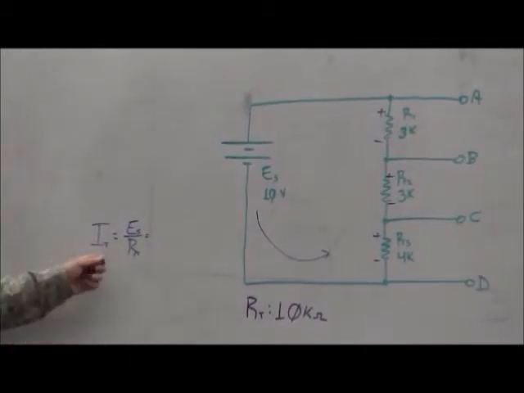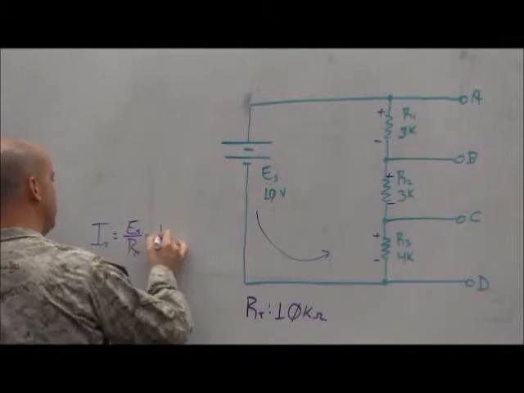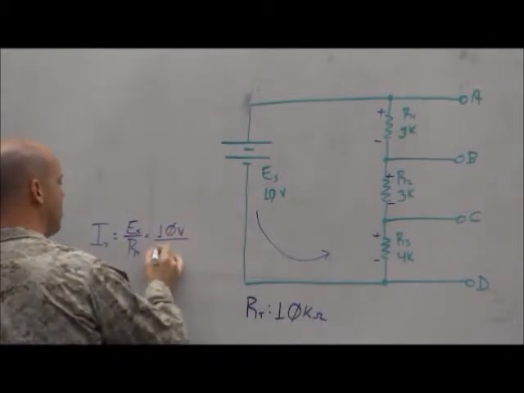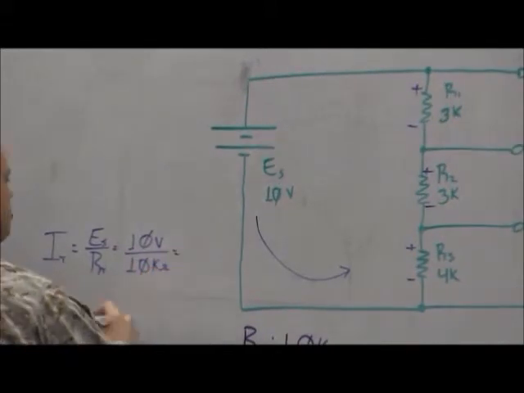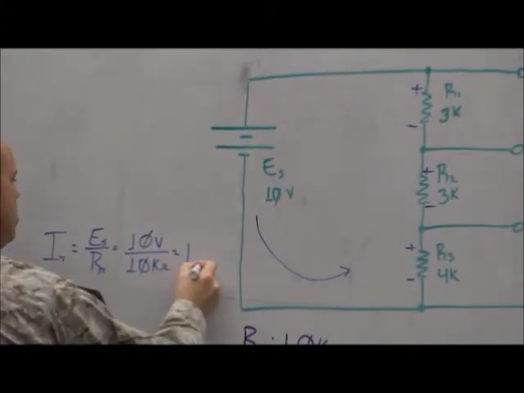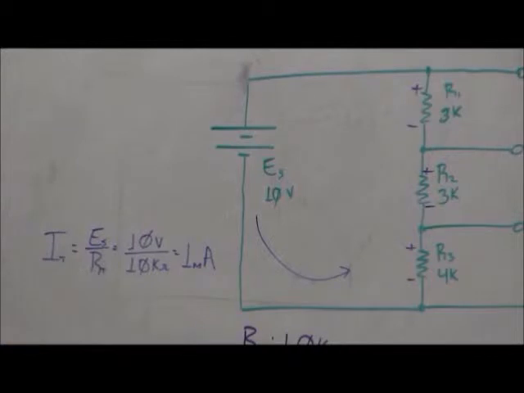I sub t is equal to E sub s over R sub t, or the source voltage divided by the total resistance, which would be 10 volts divided by 10 k ohms, which is equal to 1 milliamp.